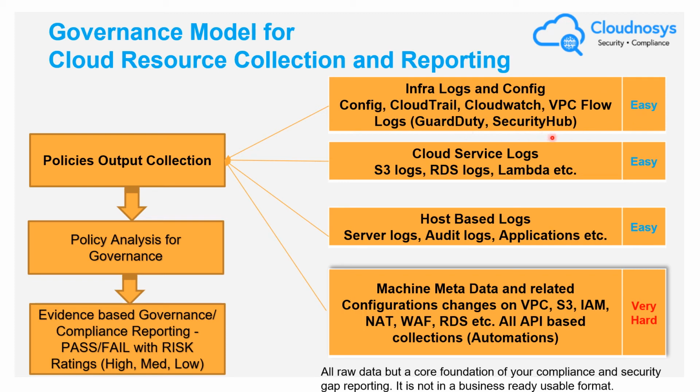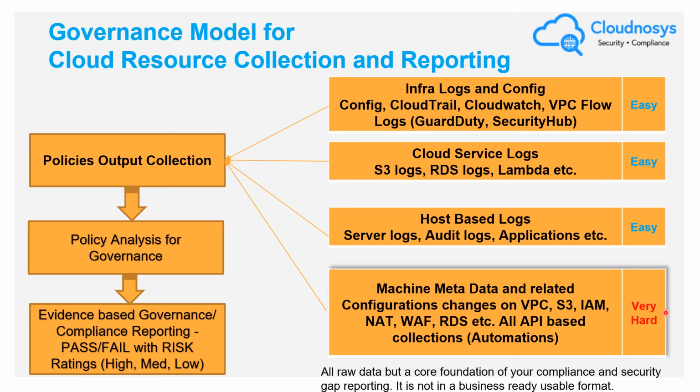GuardDuty, Security Hub, any cloud vendor provided tools, which I listed earlier, you should go turn that on. That's pretty easy to do. Same thing with cloud service logs, like S3 logs, RDS logs, and so on. Turn them on because it's going to tell you what's going on in your infrastructure. On your host level, host-based logs, server logs, audit logs, application logs, turn them on. That's also fairly easy to do, but it does generate a lot of data, which is fine. The log files can be analyzed fairly quickly with some log tools.